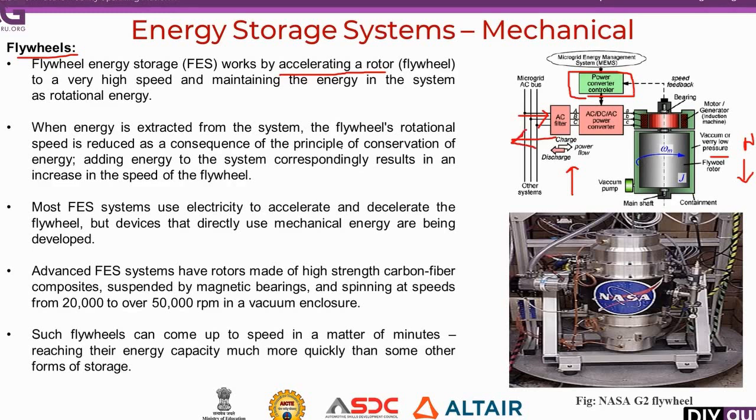Since we are using a large amount of power converters here, mechanical energy storage systems are also being developed in recent years. In an advanced flywheel energy storage system, the rotors are made up of high strength carbon fiber composites, and they can spin up to an RPM of 20,000 to 50,000.